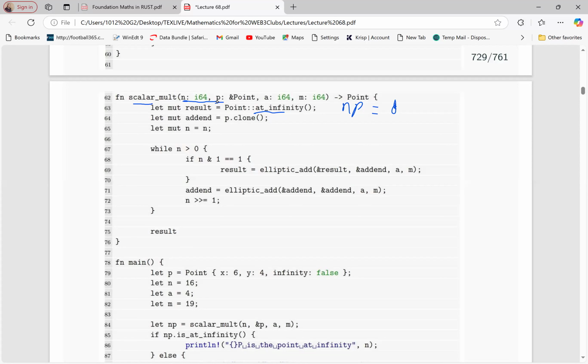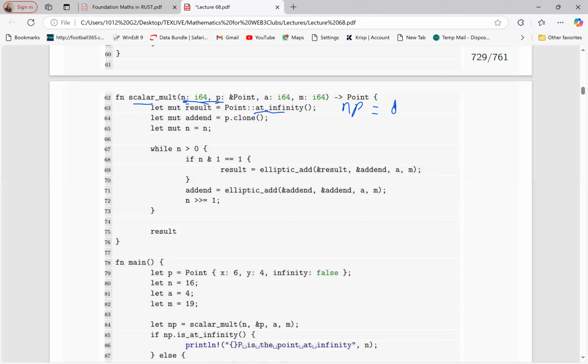It will be changing as you continue. As the program continues running, it will be changing from infinity to what the value is. So initially, let it be infinity, the result of this n times p.